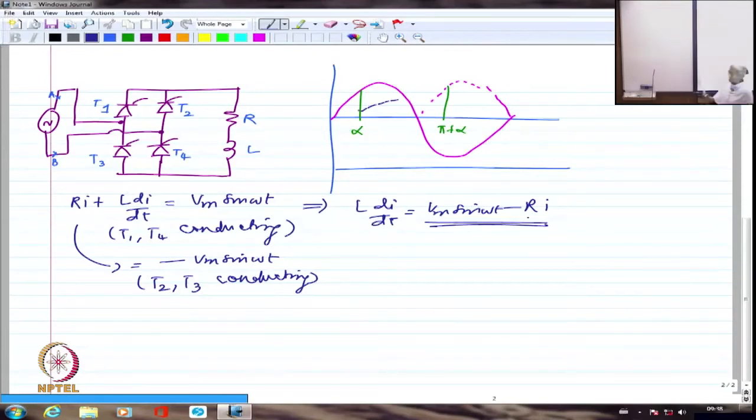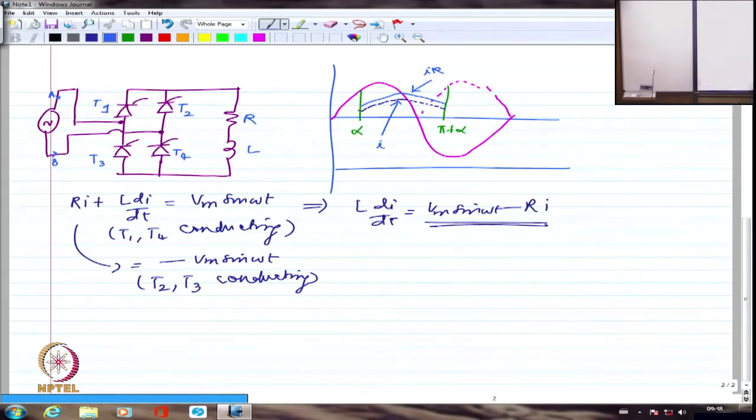Let us say at this point it reaches the maximum, and from here it is going to start dropping down. Correspondingly, I can draw the voltage waveform, which is I times R, somewhat like this. At this point it reaches the peak, and at this point it starts declining. So this is I times R, whereas this is going to be I.